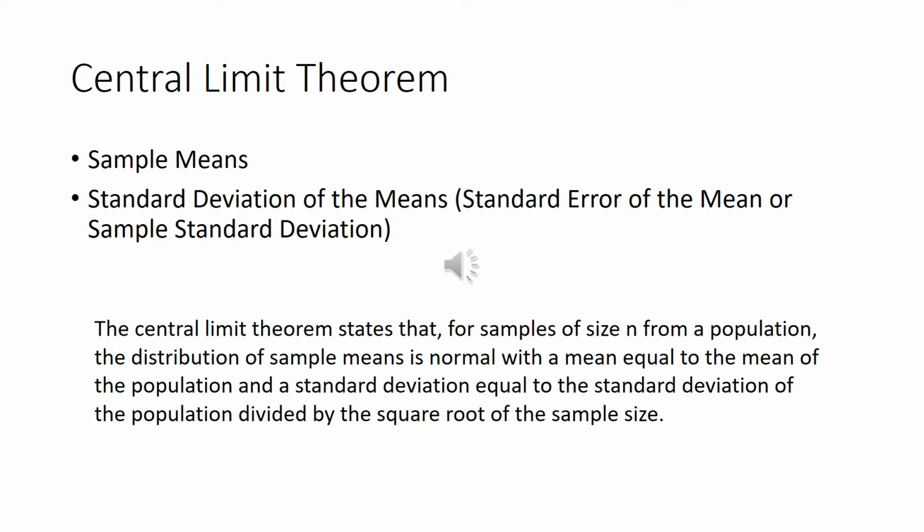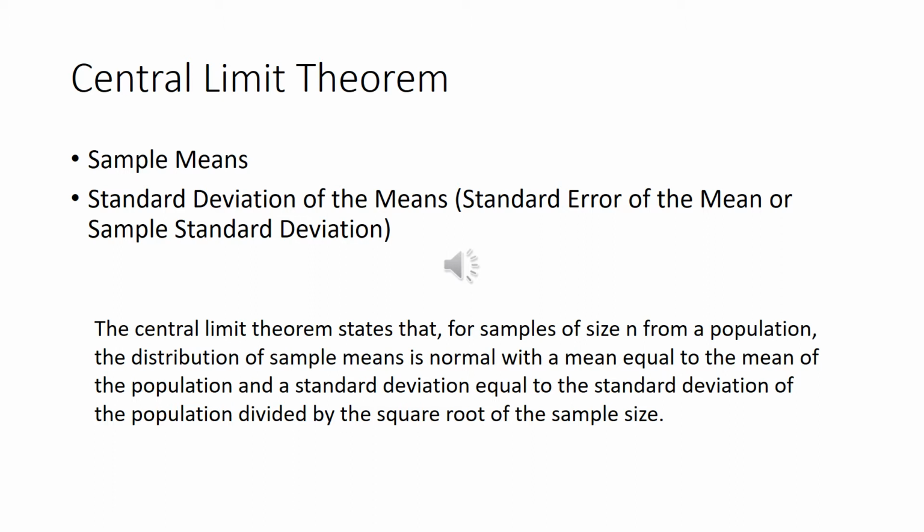This is the definition of the central limit theorem: samples of size n from a population. A lot of times you'll see it stated for a normal population. It doesn't have to be normal, as long as you take the outliers out, you can calculate the standard deviation for any kind of distribution, at least as far as I know.